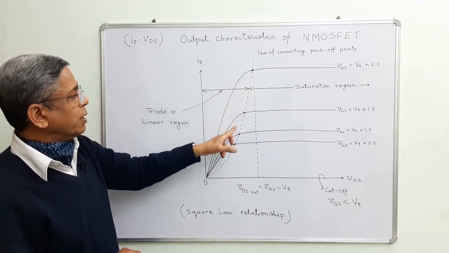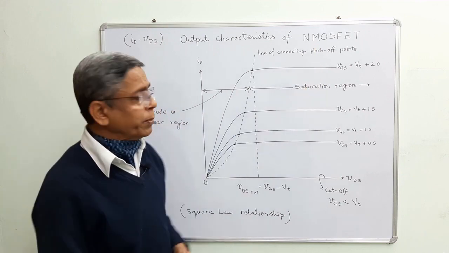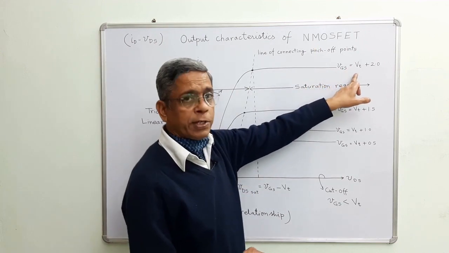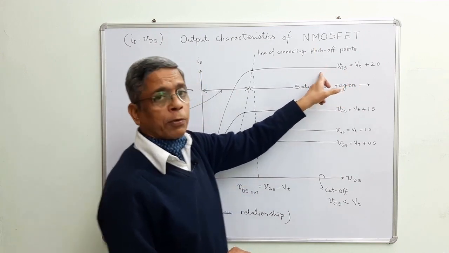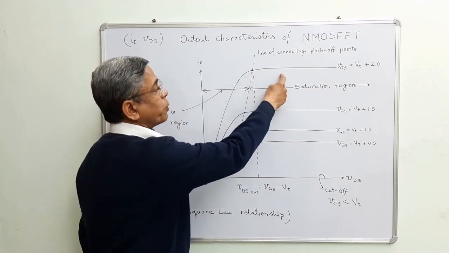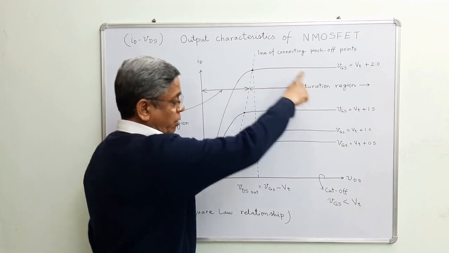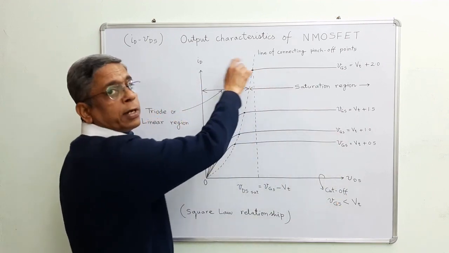This line is the line connecting pinch-off points. That means for each value of VGS, for a particular curve, there is a point called the pinch-off point, and beyond this point, current doesn't increase a lot. Almost VDS has no control over the current.